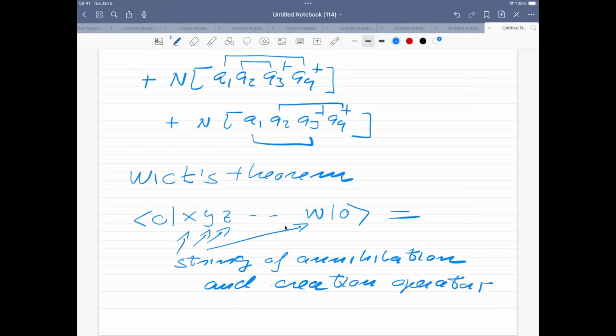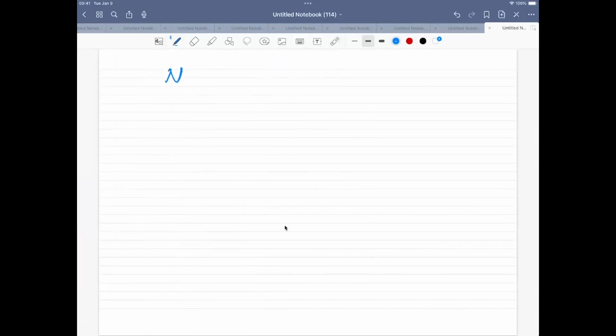And this is going to be equal to 1, the normal ordered term for all the operators which are not contracted. That means we just permute them so that they become normal ordered. That means all the creation operators are going to the left and the annihilation operators to the right. So this is going to be equal to a term here, n, which is just the normal ordering.